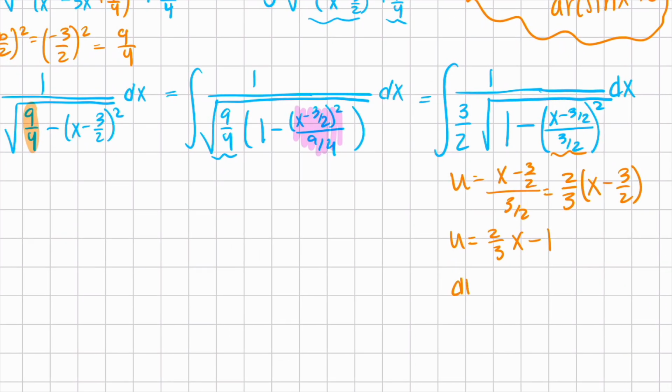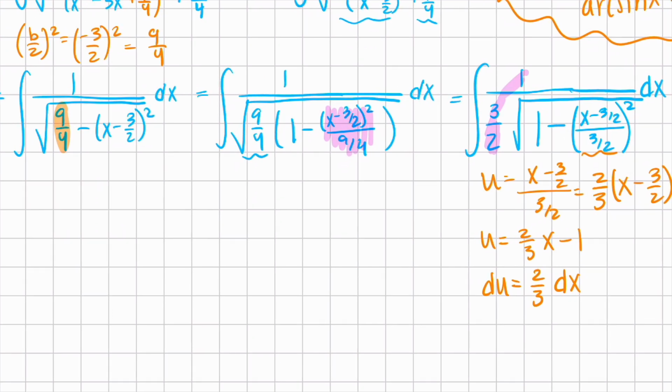That means that du is 2/3 dx. So I want you to notice I have 1 over 3/2. That's the same thing as 2/3. So I'm going to rewrite this one more time. 1 over 3/2 is the same thing as 2/3 over what we had before.